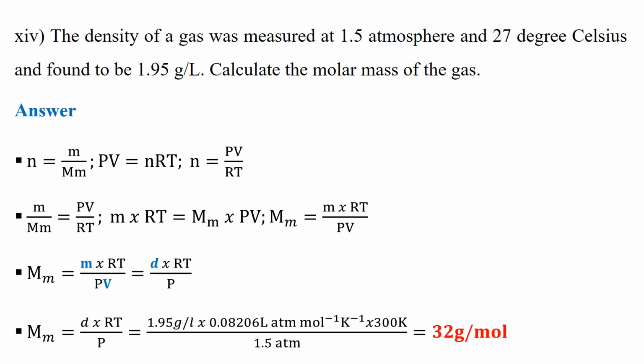So the molar mass is equal to mass times RT over PV, and mass over volume is the density. That means the molar mass is equal to density times the gas constant times the temperature over the pressure. Then we replace the values and we get the molar mass, which is equal to 32 grams per mole.